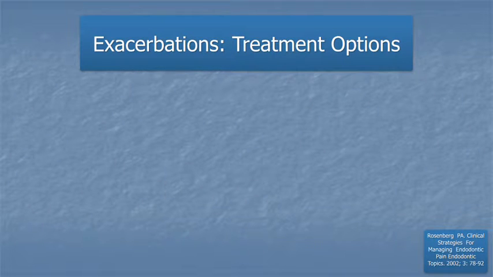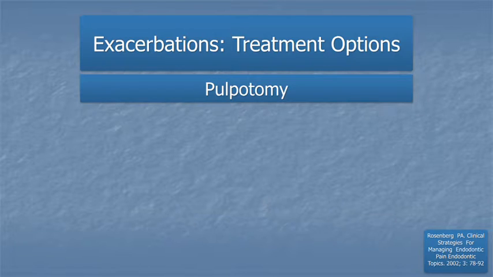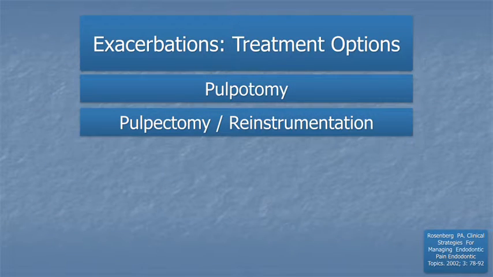Here are our treatment options for exacerbations. A pulpotomy. Pulpotomy has been shown to be a highly effective procedure in treating a tooth with irreversible pulpitis. By clearing the tissue from the pulp chamber of a tooth, that is often sufficient to provide comfort to patients who are in pain.